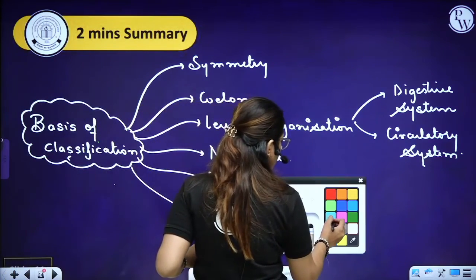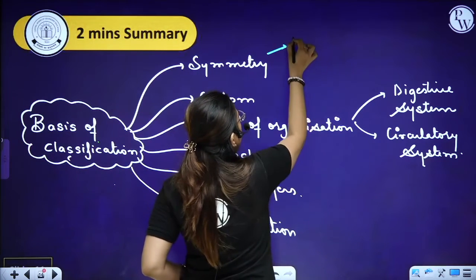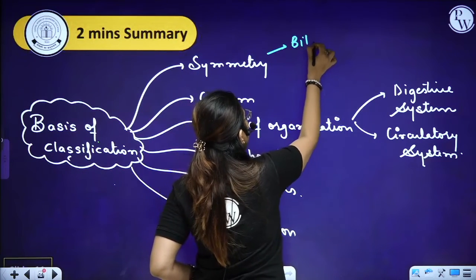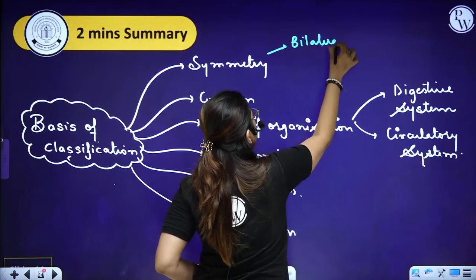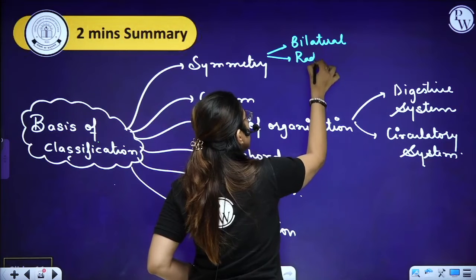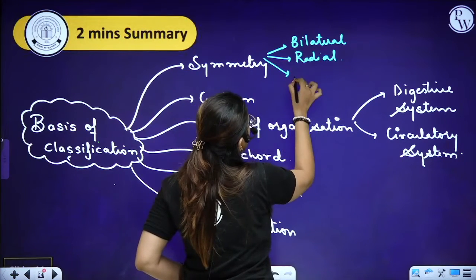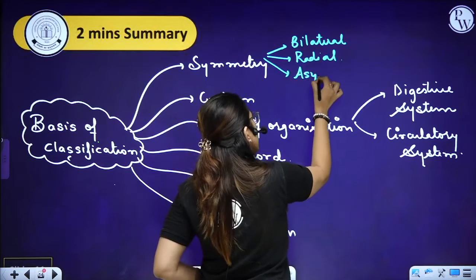Clear? So symmetry, we talked about that an animal can have bilateral symmetry. I'm just giving an overview. The radial, if a radius passes through the center, or asymmetry, that means an asymmetrical organism.